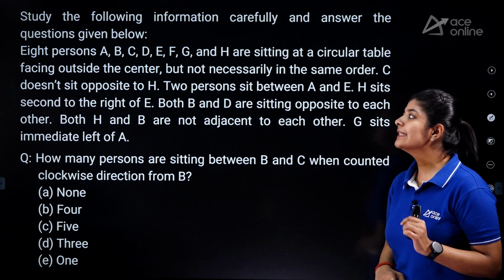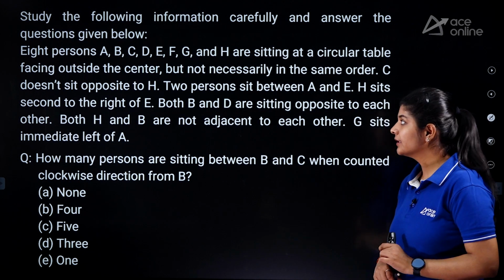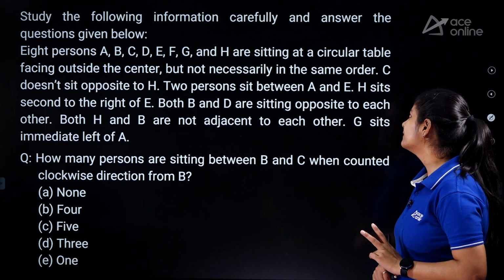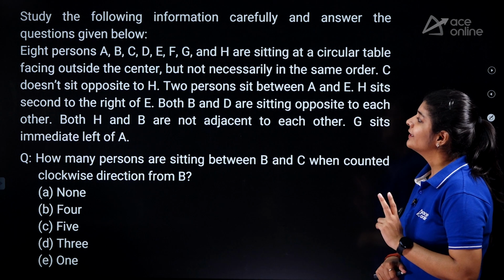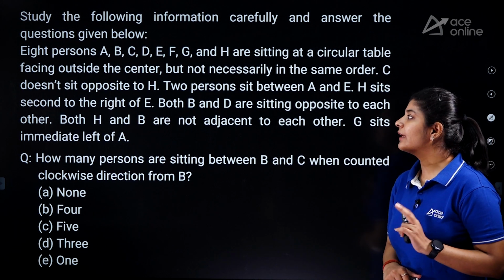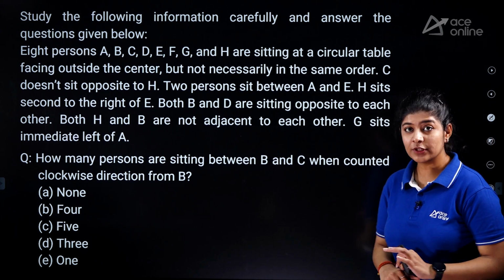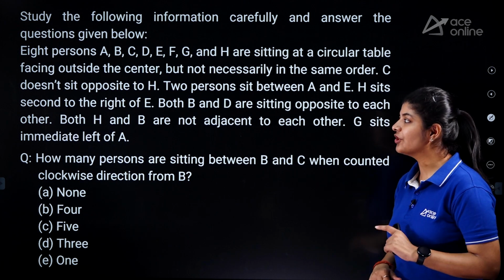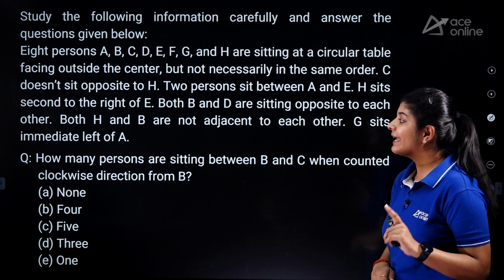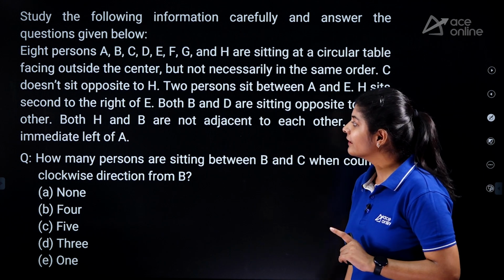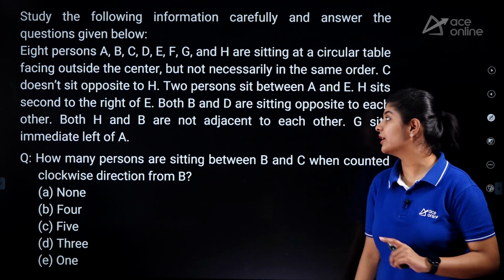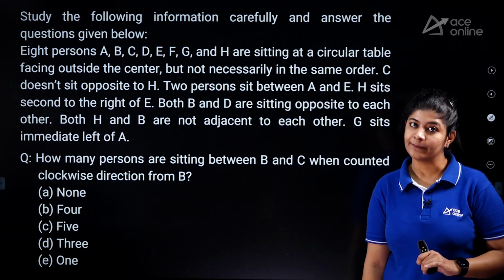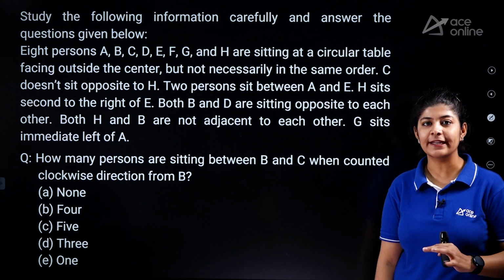C doesn't sit opposite to H. 2 persons sit between A and E. H sits second to the right of E. Both B and D are sitting opposite to each other. Both H and B are not adjacent to each other. G sits immediate left of A. This is the data that we have.